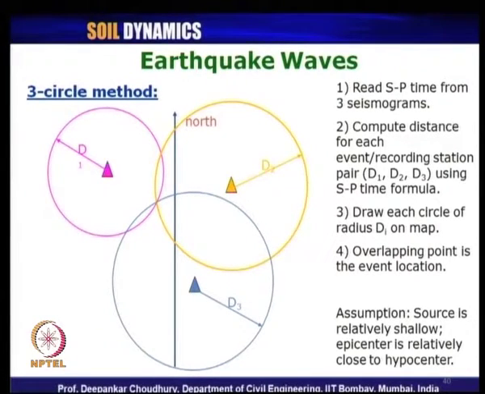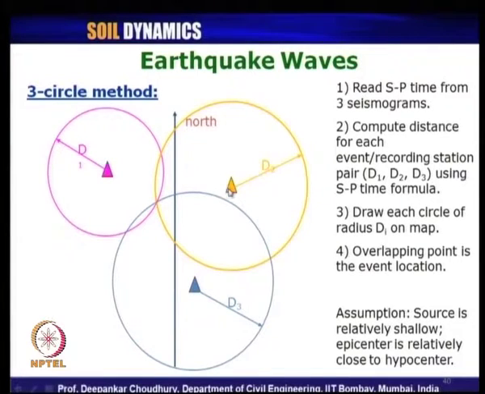So, for example, suppose this is our recording station 1. From this point, at a distance of d1, suppose we got the distance where the earthquake has occurred. So, the event has occurred at a distance of d1. Let us draw a circle taking that recording point as the center with radius d1.